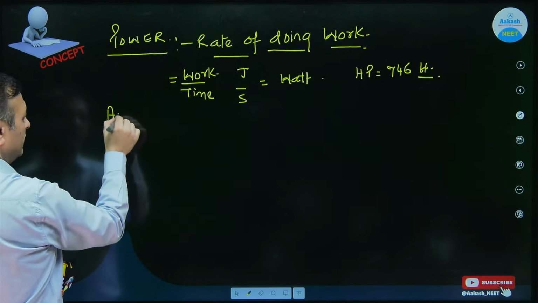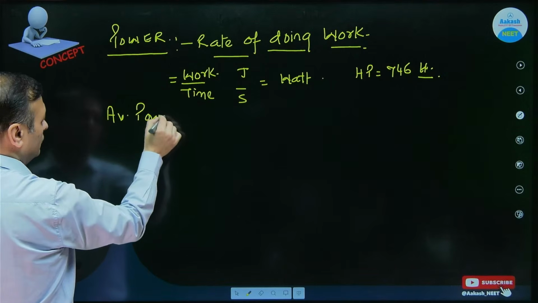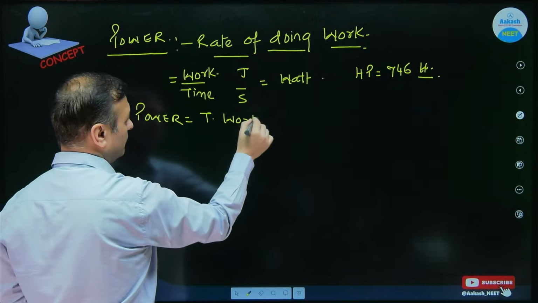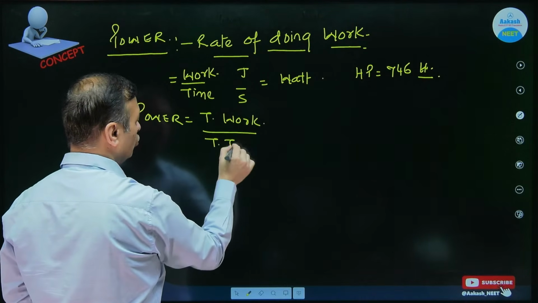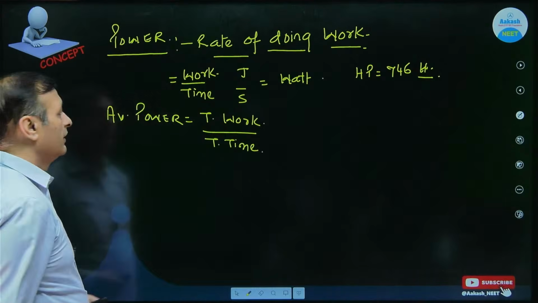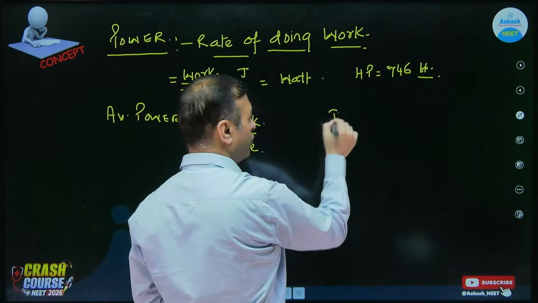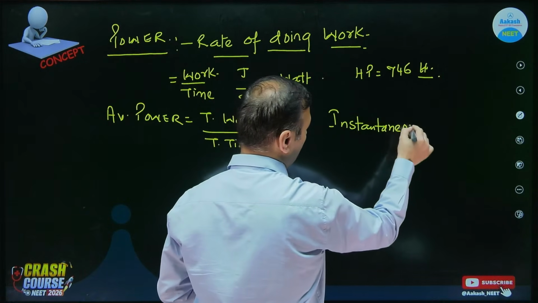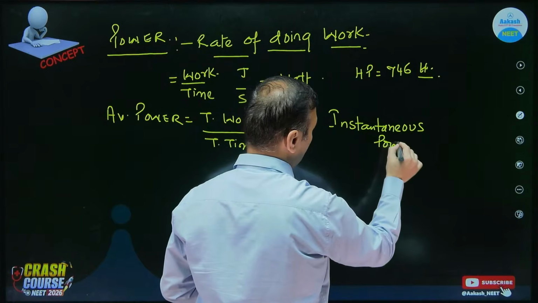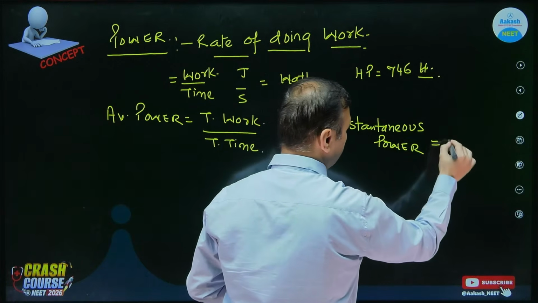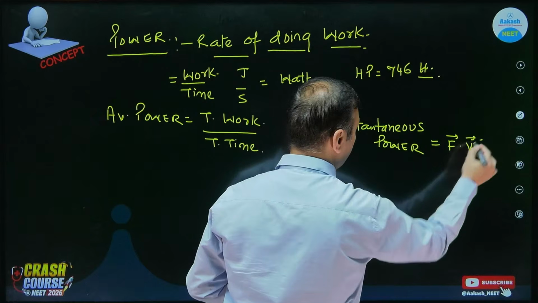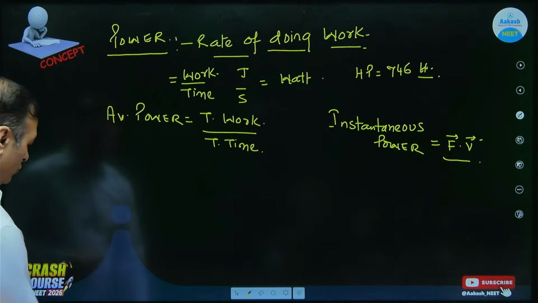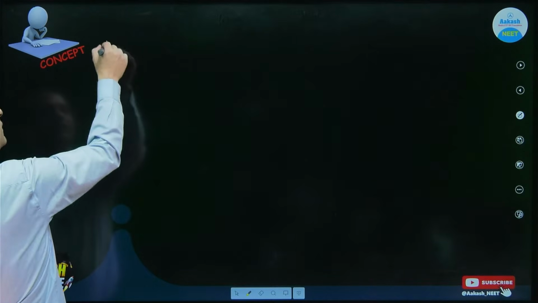We have average power, that defines the total work done upon total time taken. Then we have instantaneous power. So instantaneous power is defined as F dot V only. Got it? So let's pick a numerical.